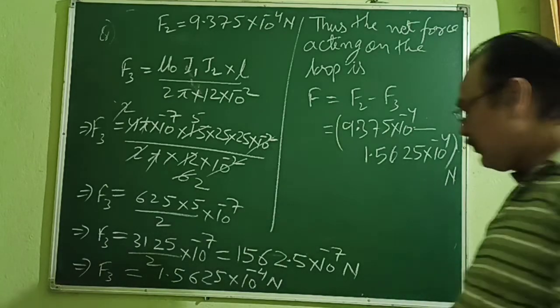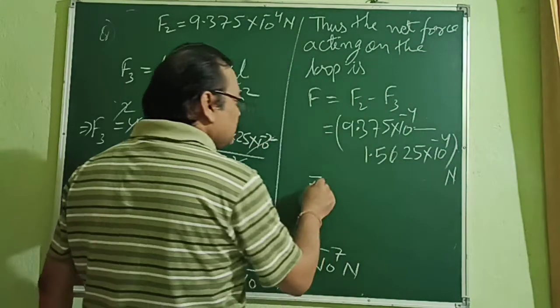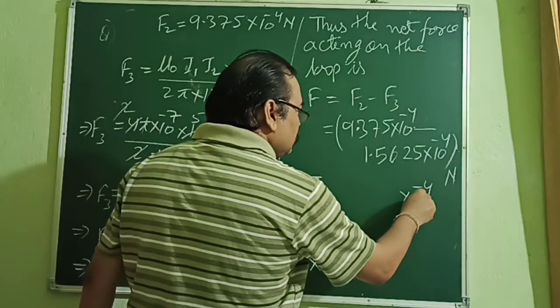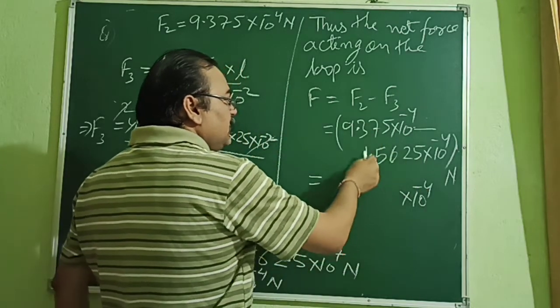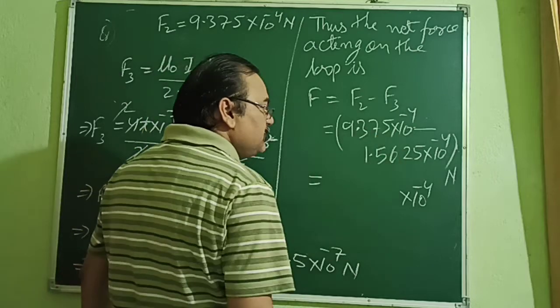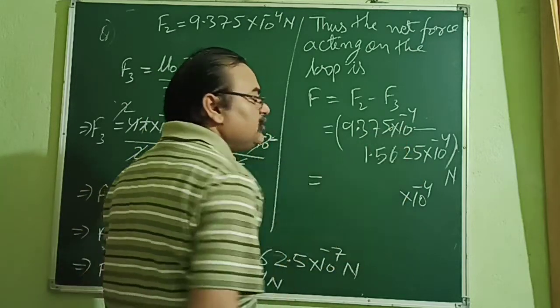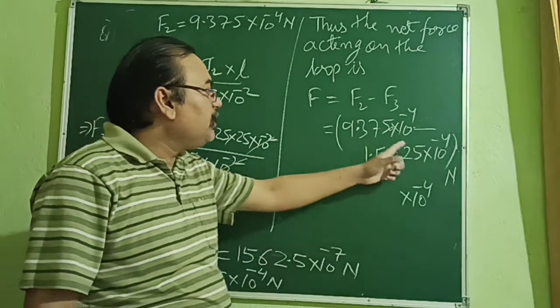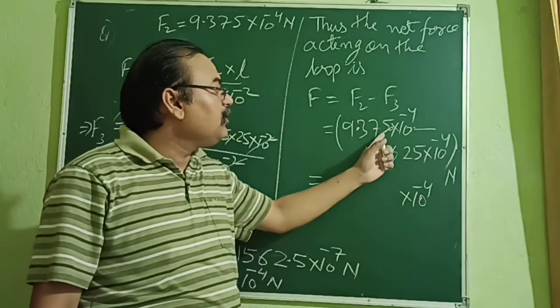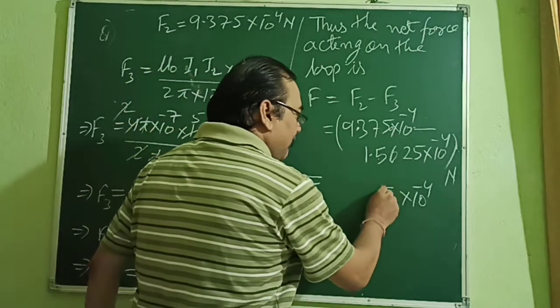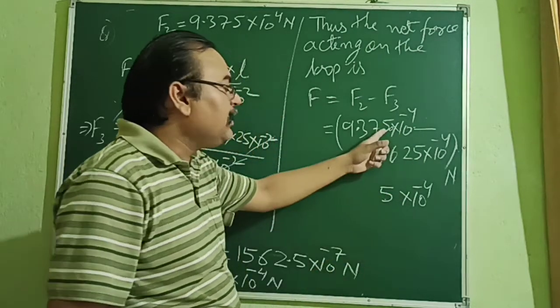Okay. Now what you will find? We can separate this. 10 to the power minus 4 is common. We have to separate the numbers only. So here we got 3 digits after the decimal. Here we got 4 digits. So we can write here 0. Okay. So 0 minus 5 we cannot do. So we will take one carry from here. 10 minus 5 is 5. What is left here after taking carry? 4.